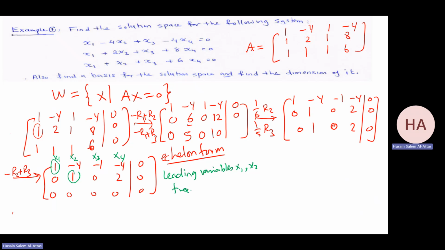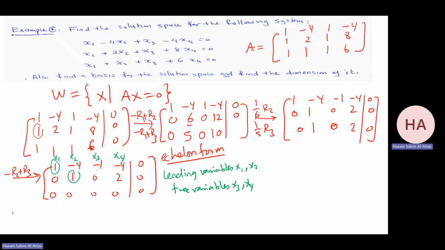Free variables, x3, x4. As I said before, someone said, no, I don't want the leading variables x1, x2, I want it to be x3, x4. You can't do this. But now, this is just a procedure. You will get different bases, which is okay, but the dimension should be the same.